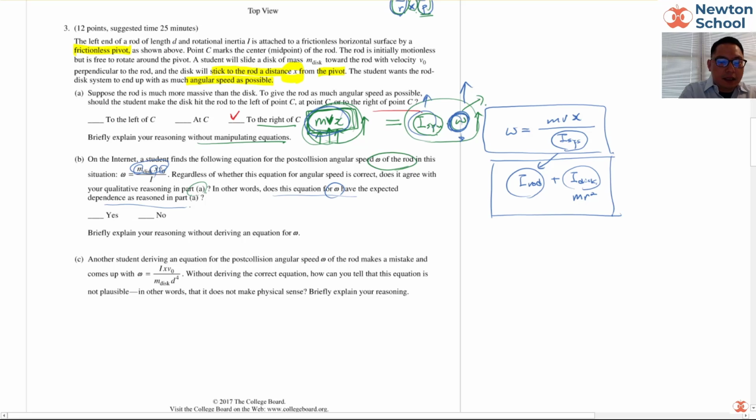So the answer is yes. You can say heavier mass or higher initial speed, or because they ask you for reasoning in part A, when x gets bigger, you have bigger initial momentum, so you have bigger final momentum. That means you're going to increase omega. So either way you can explain.